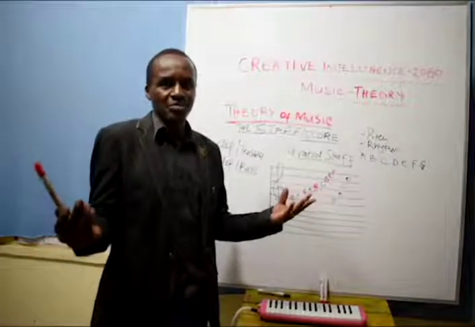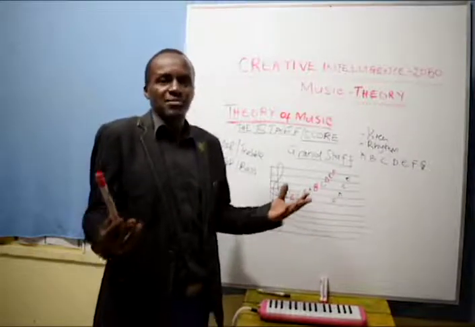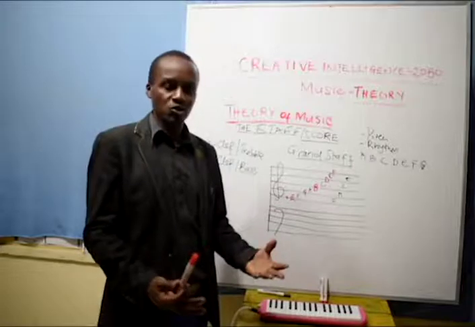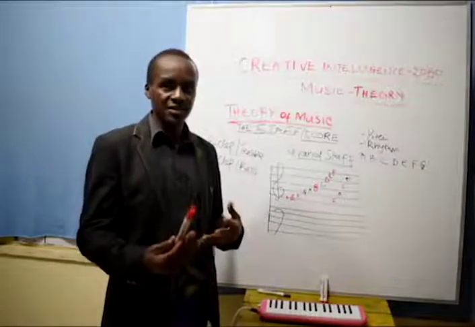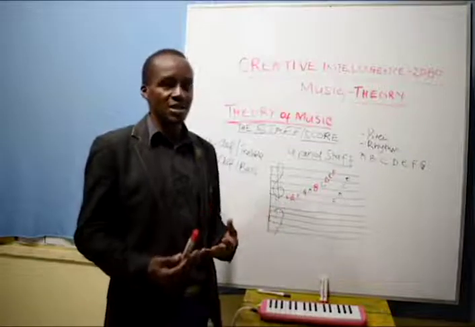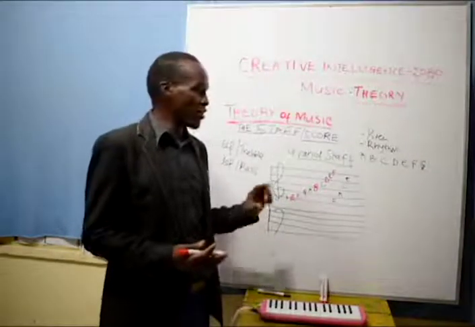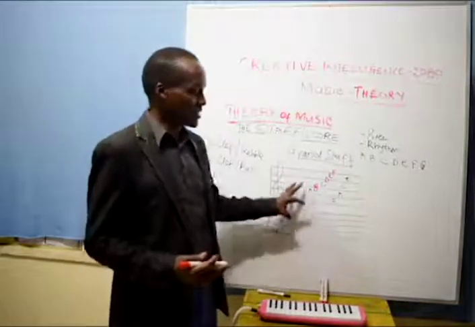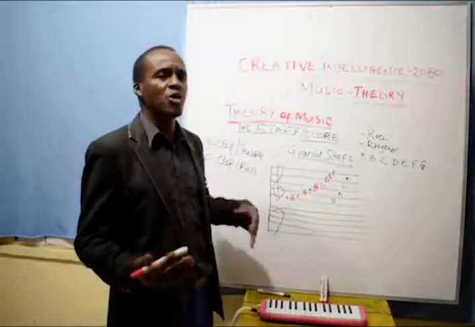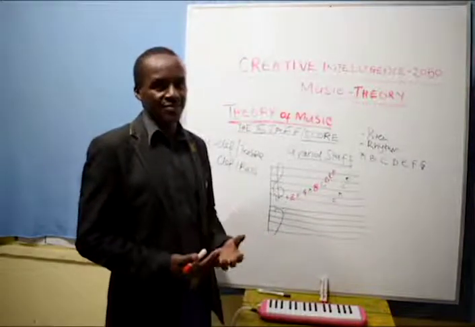Then we have some that play middle level, like alto, tenor, and others that play bass registers or bass pitches. So we'll have different clefs for all these kinds of instruments, and they will be combined in different ways. But when we combine the two basic clefs, the G clef and the bass clef, we call it the grand staff, and it helps us have a basic understanding of how to go about clefs and the staff.